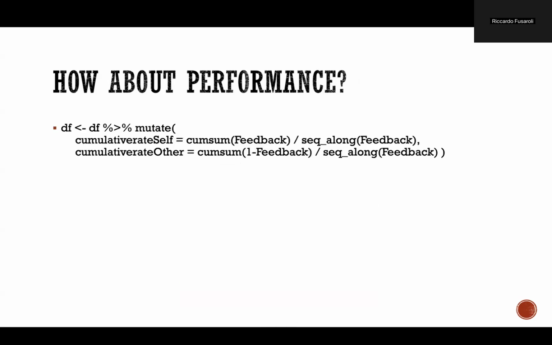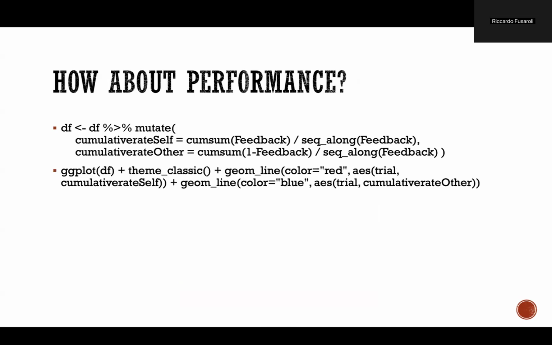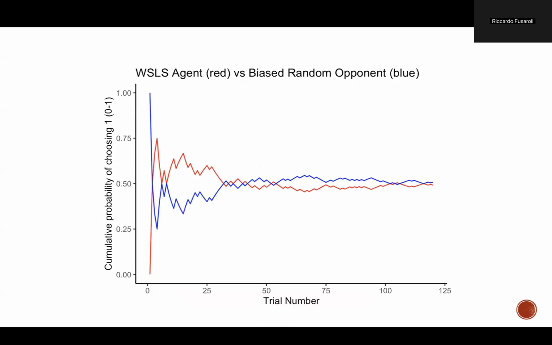How about performance? We again do the cumulative self and the cumulative other. And the self should be in red and the other should be in blue. And what we see here is that it's really hard for these agents to win. But there is the blue agent, which is the random opponent, which is slightly at an advantage.